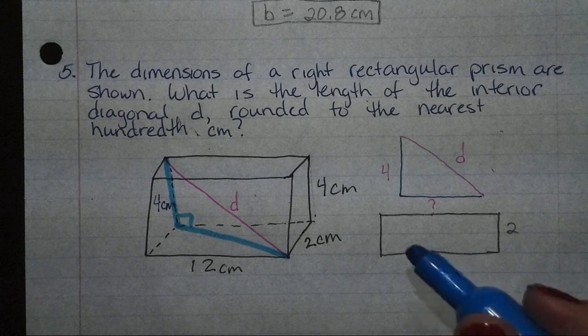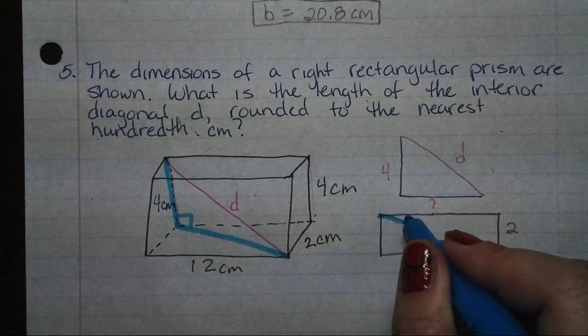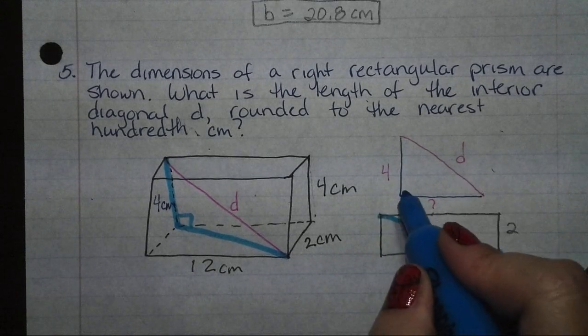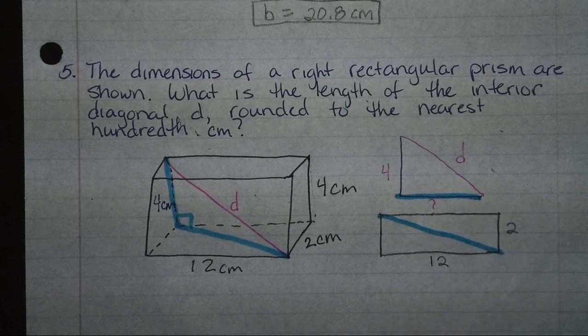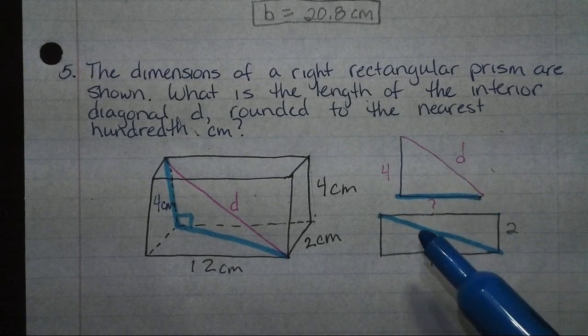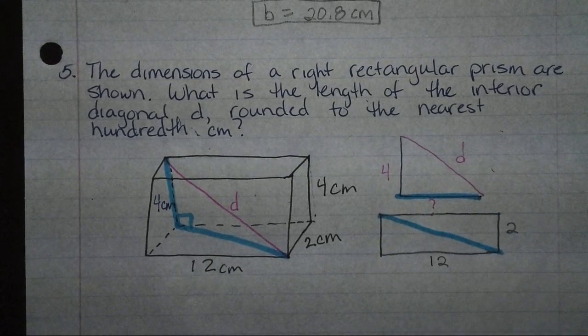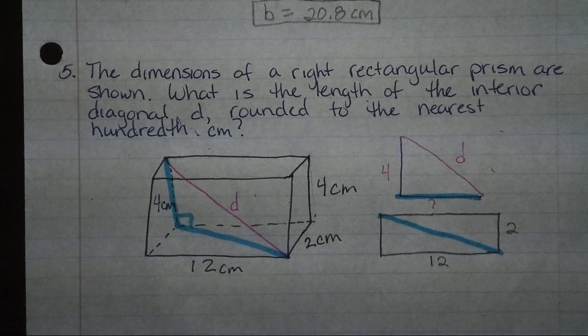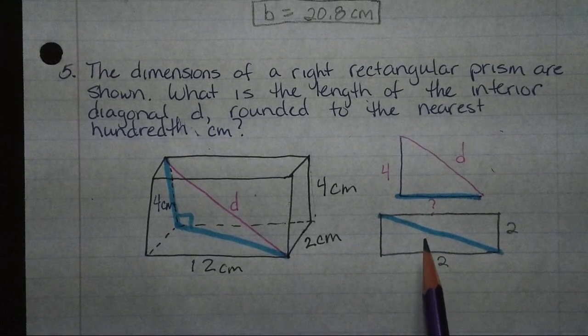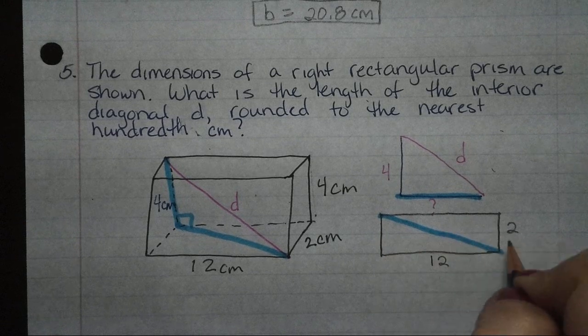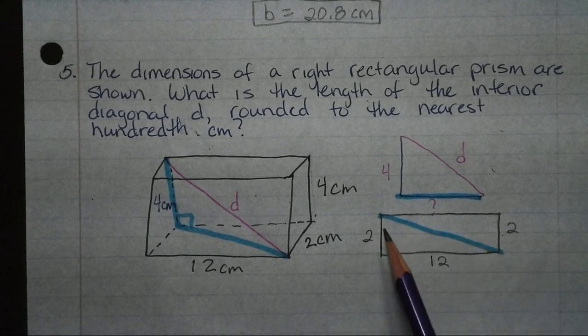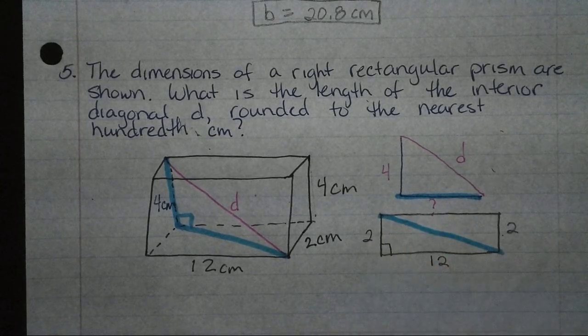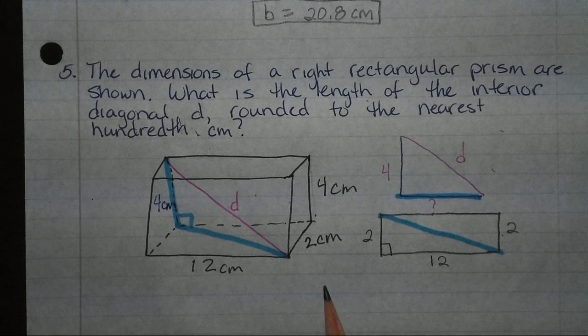What I don't know is this leg length that goes like this, which is the same as the bottom of that triangle. So imagine that triangle sitting on top of that line right there. So I don't know that measurement. But since I do know the outside of the box, because if this is 2, this is also 2, I know all rectangles have 4 right angles. So now I can solve this and find the measurement of this diagonal line.